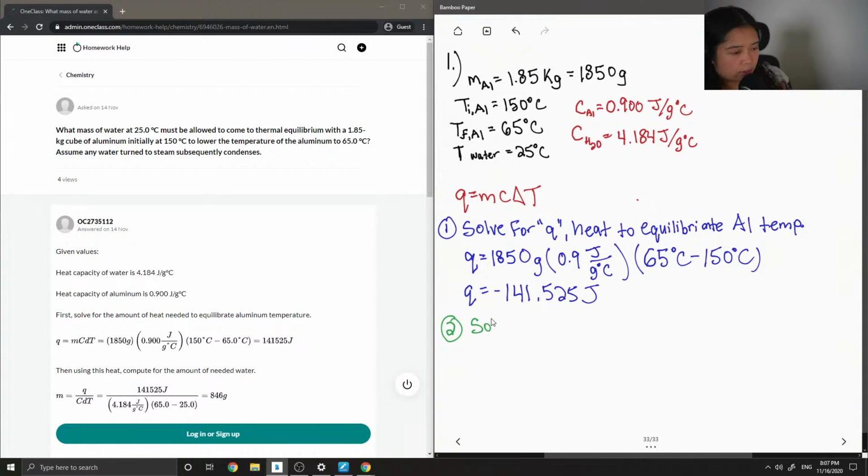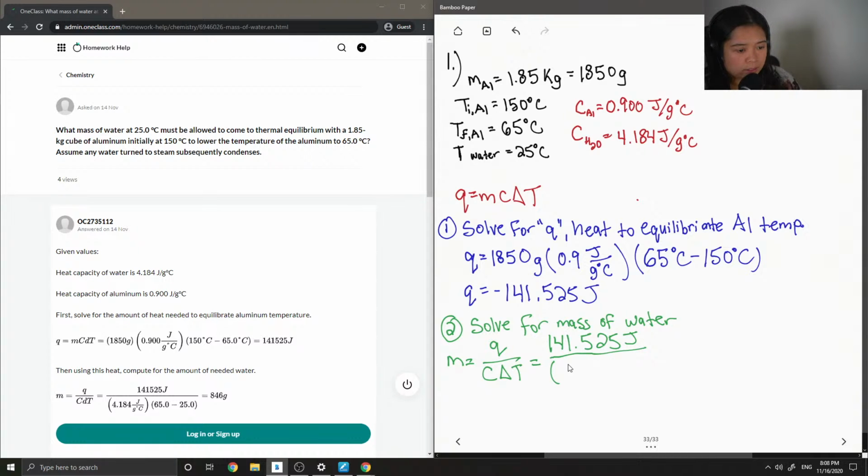So part 2 of this question is to solve for the mass of water. So just using the same equation, Q equals mc delta T, but I am going to rearrange it so that M is equal to Q over C delta T. My Q value will just be the heat that I calculated in the first part of the question, but the positive value.